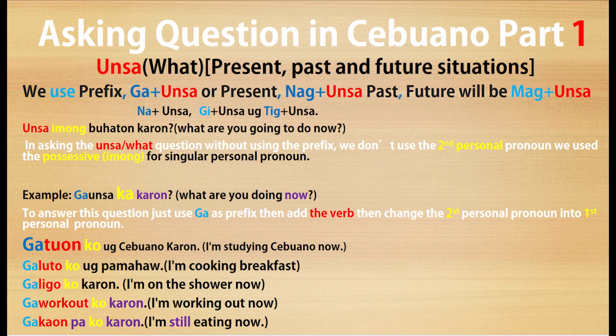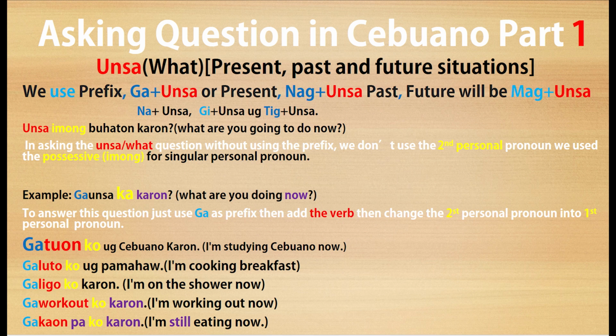So here, gatuon ko og Cebuano karon. I'm studying Cebuano now. This is present tense. You just add the ga to the root word tuon, then change the ka into ko. Gatuon ko og Cebuano karon.